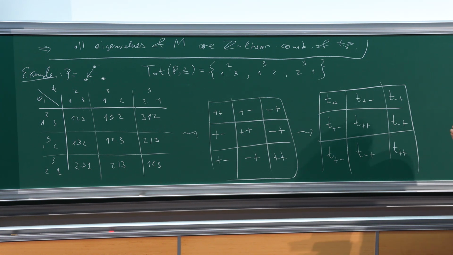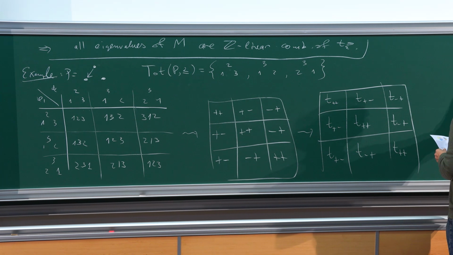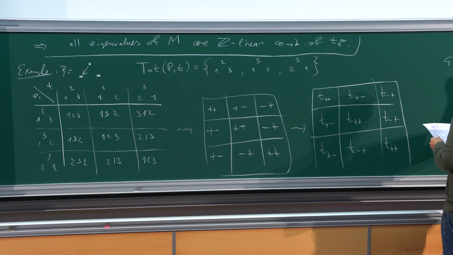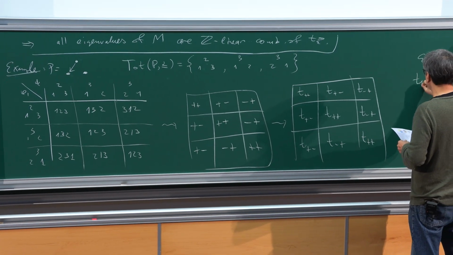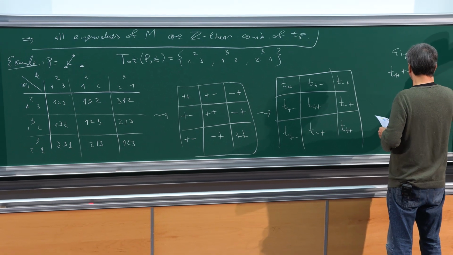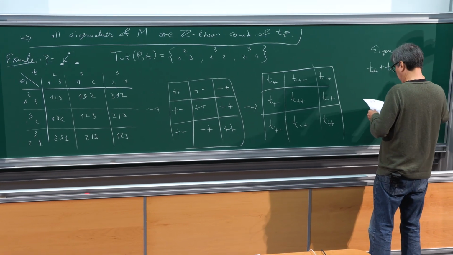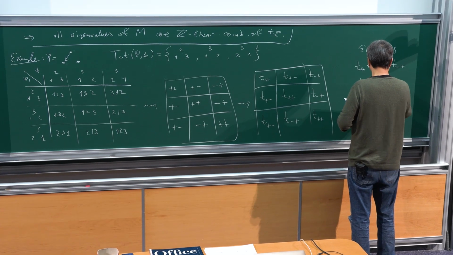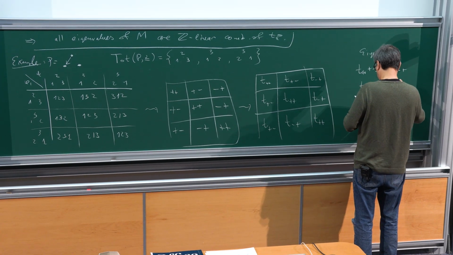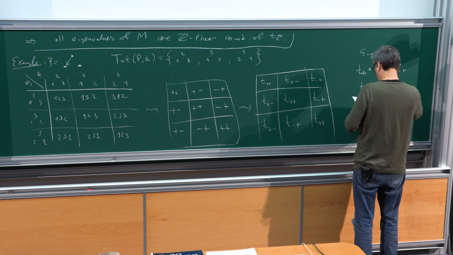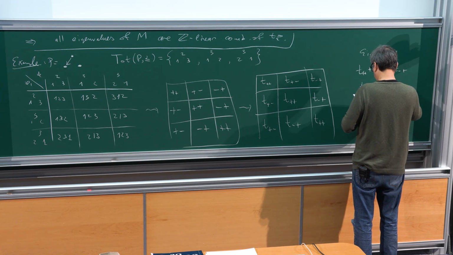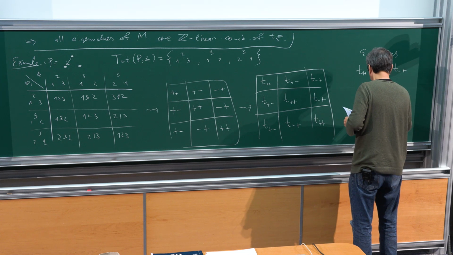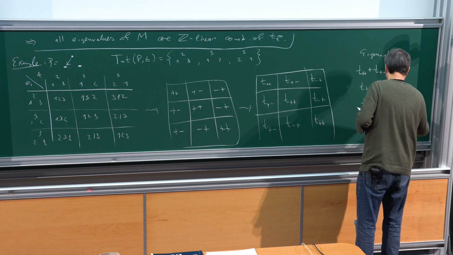And now I am lazy, so I ask Mathematica what the eigenvalues of this matrix are. The eigenvalues will be the following: t plus plus minus t plus minus, and t plus plus minus t minus plus.